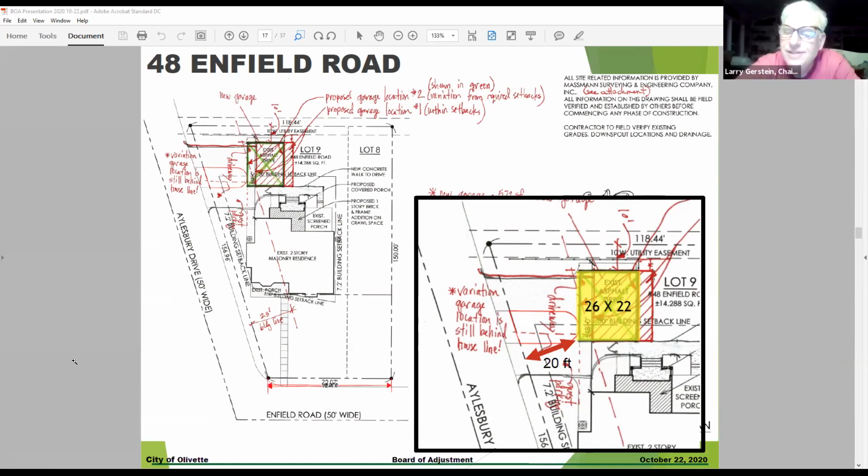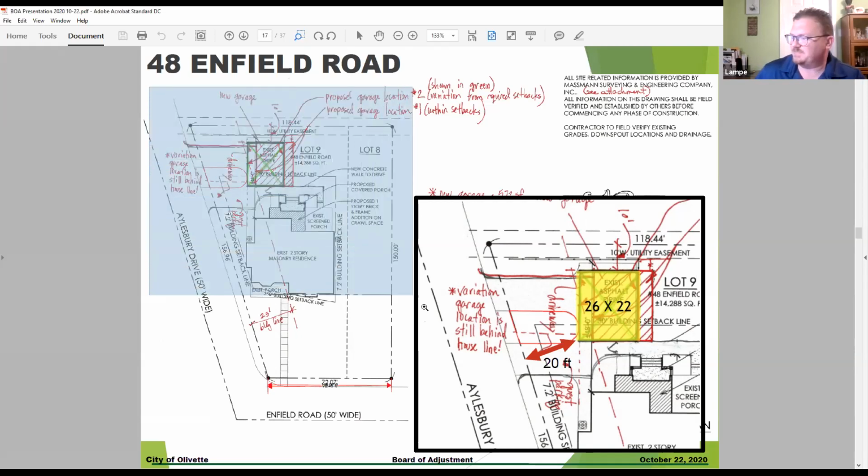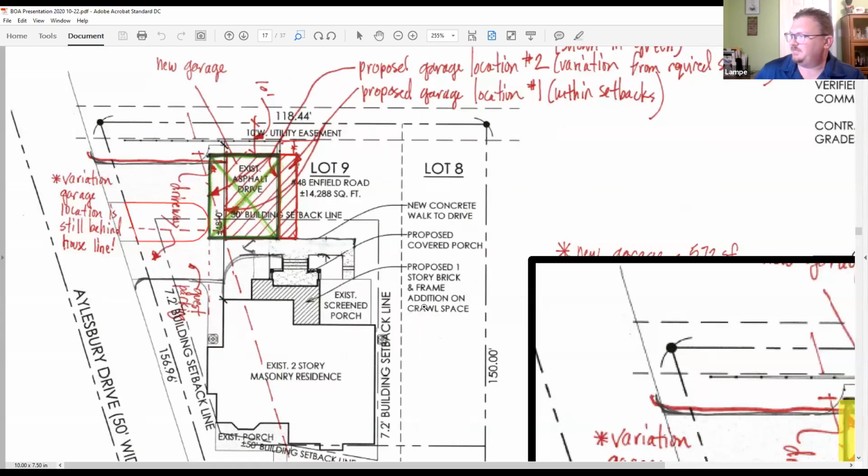Talk to us. Well, I think one thing that was pointed out in the letter submitted by my business partner was that the requested location of the proposed two-car garage lines up with the side, and we do show that on the plan in front of us.